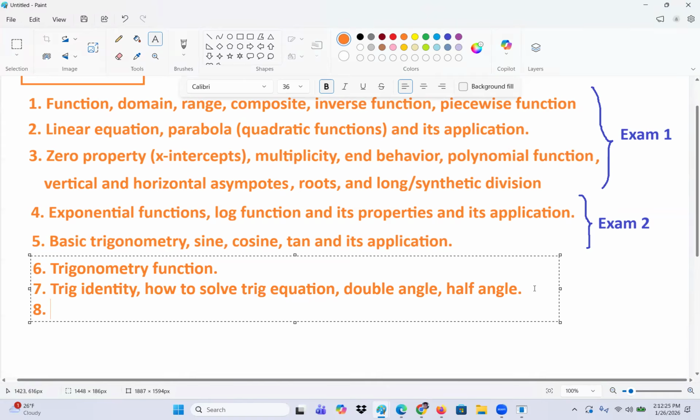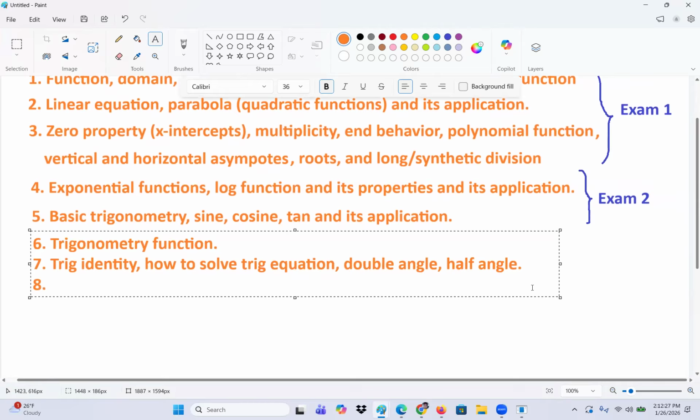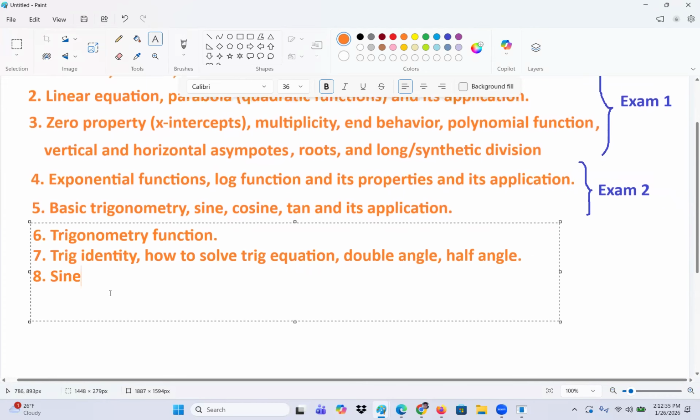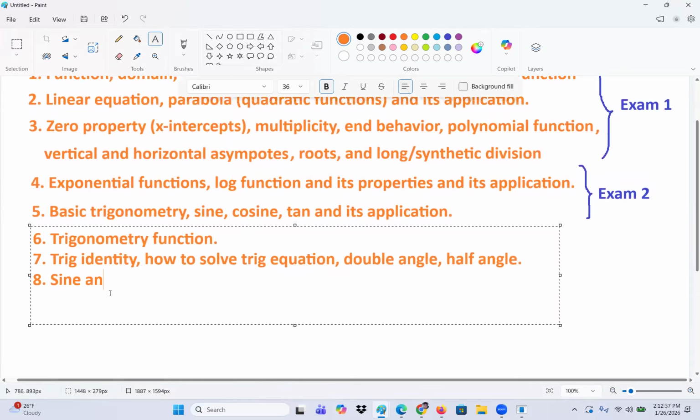And afterwards, we're going to have to learn about the basics, like the sine and cosine of a triangle, properties in a triangle. And finally, you're going to learn about sequences.